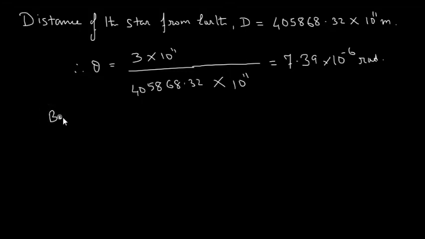But 1 second is equal to 4.85 into 10 to the power minus 6 radian.